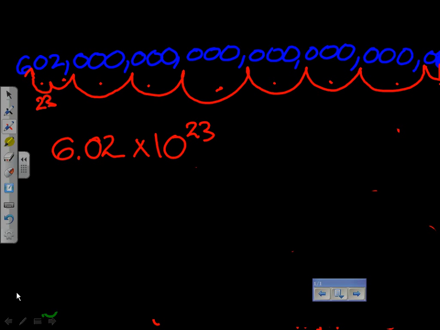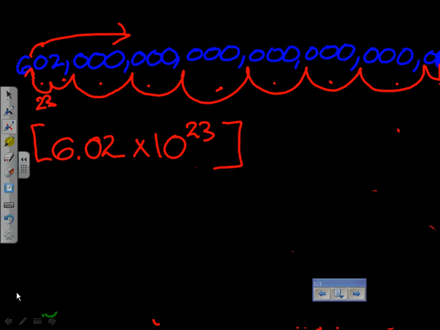There are 23 of these. You can likewise start from this location and go the same way to the decimal point, and it'd still be a 23-point value. Once you have that, and you have your 6.02, you have your scientific notation. That is your scientific notation of that number.